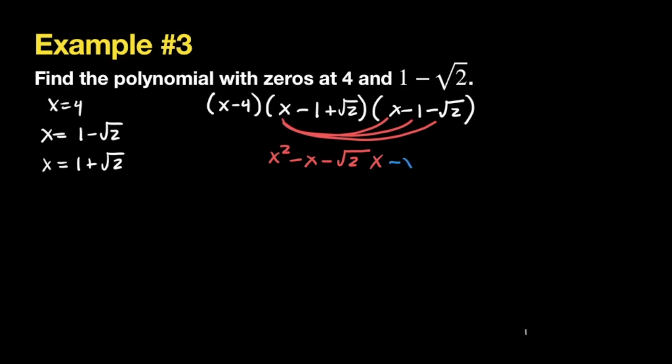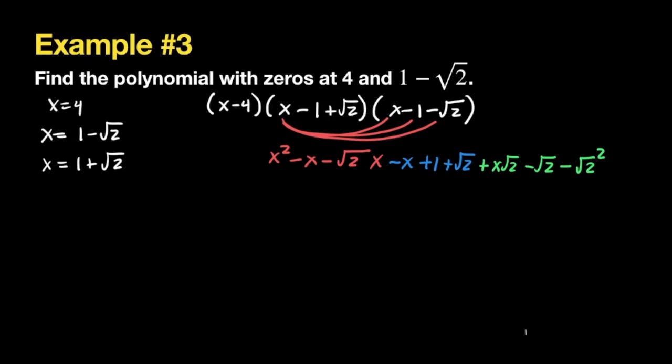So we have negative x plus 1, and we have positive square root of 2. And the last one, we're multiplying the square root of 2. So we have positive x root 2. Then we have negative root 2, and then we have negative root 2. And again, that's squared because it's root 2 times root 2.